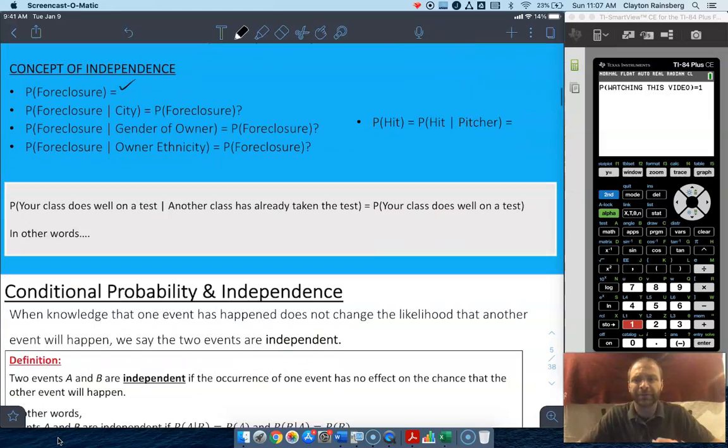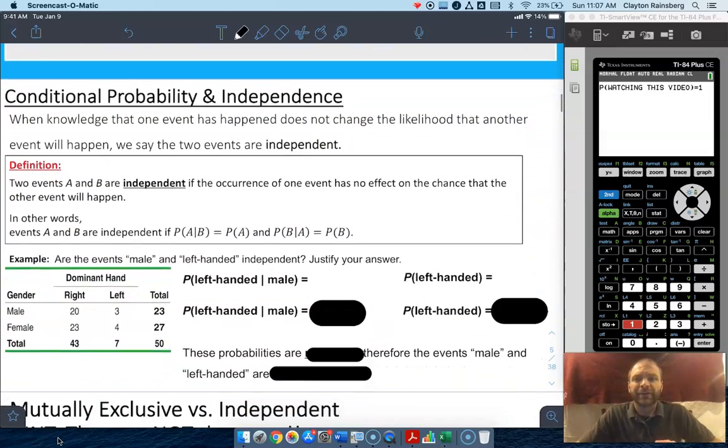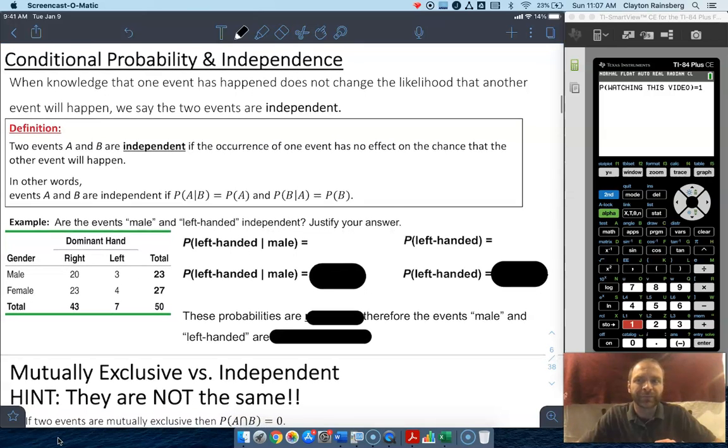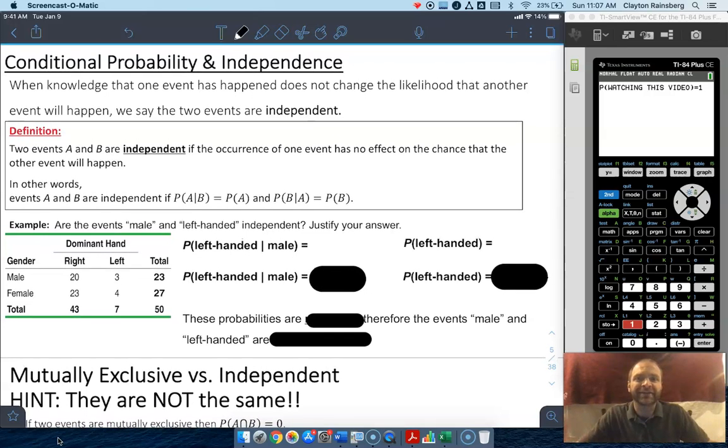Let's go a little bit further with it. So now we look at an example. And this is where I say mathematically it's a little bit easier for us to do. When we have this idea of independence, we say knowledge that one event has already happened does not change the likelihood that another event will happen. We say those two events are independent. So that's where we get the idea of the probability of A, given that B occurred, equals the probability of A. That event A was not influenced.